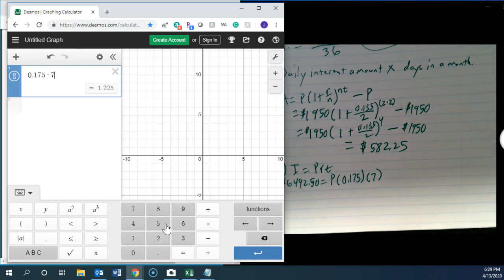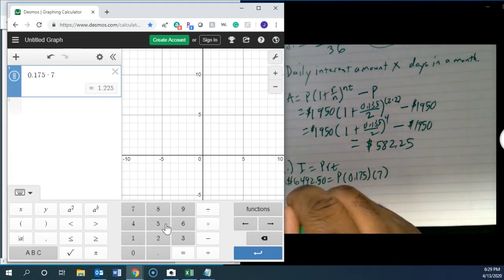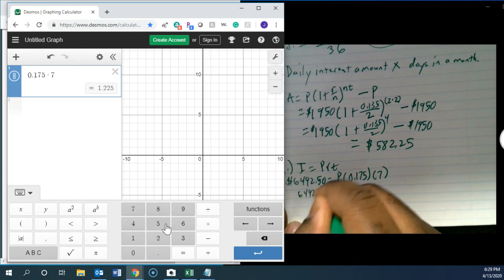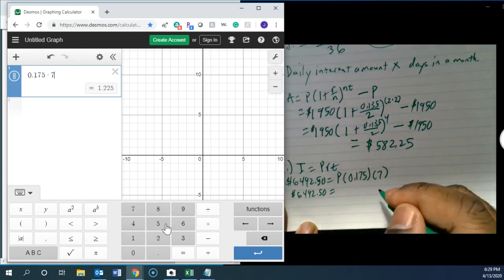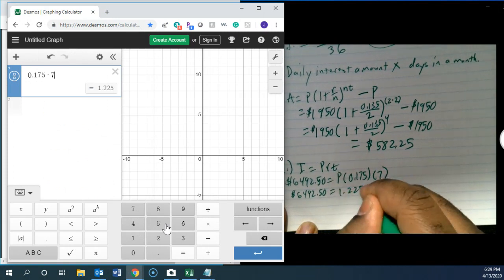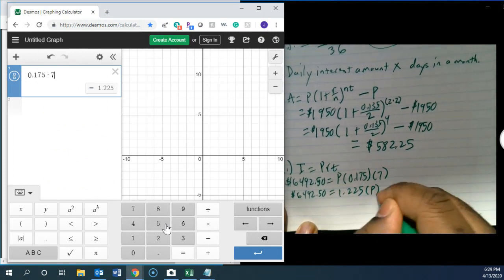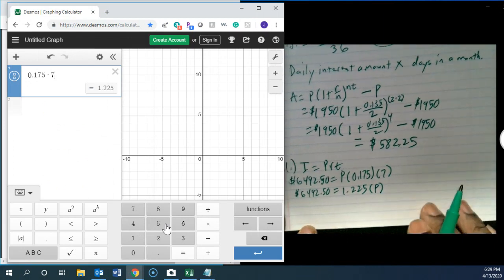So on this side here, we'll have $6,492.50 is equal to 1.225 times P, because we don't know what the principal is yet.